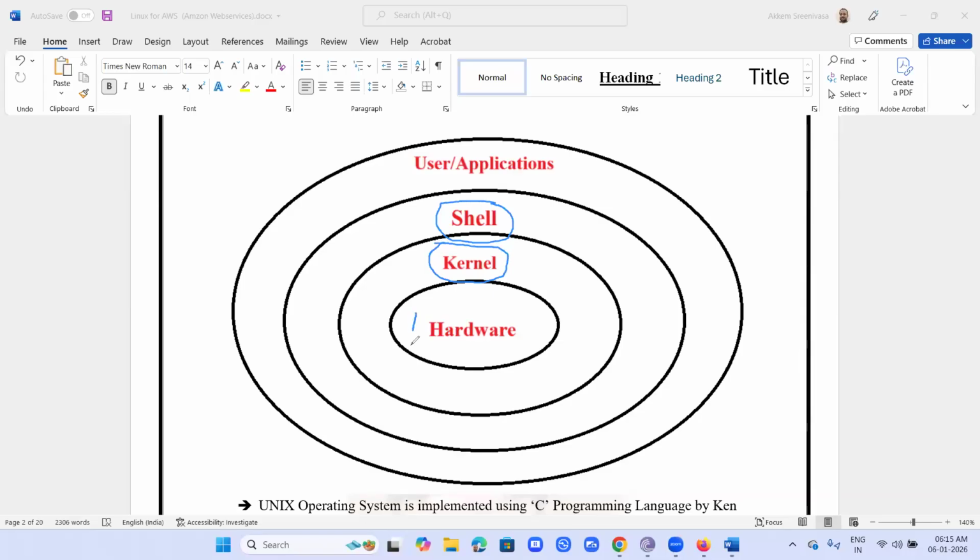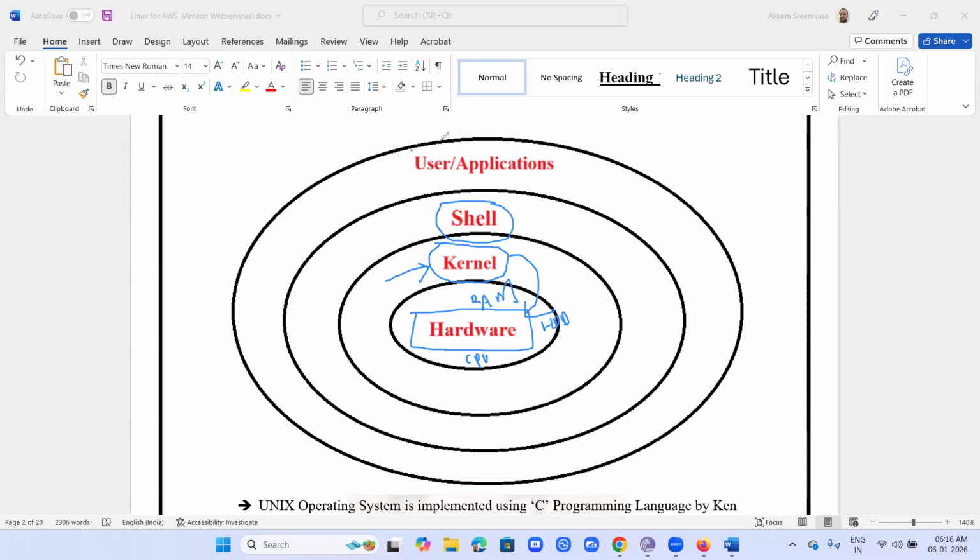And these are the hardware, let's say RAM, CPU, hard disk, etc. To interact with these hardware components, they developed the kernel in Unix or Linux operating system. The kernel is going to communicate with these hardware systems.